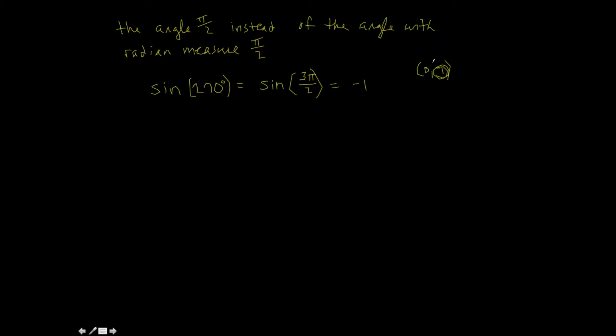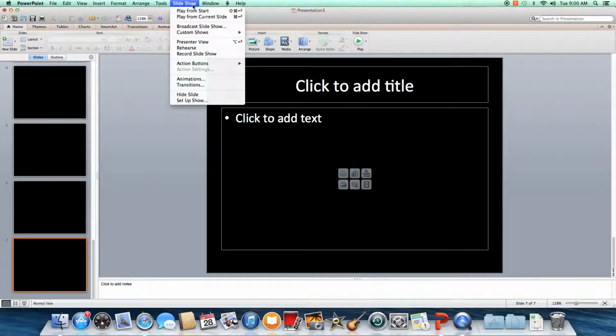Now, the world is fine and the world is great as long as we keep everything on the unit circle. But as you know, in real life, we don't live in a perfect world, okay? So every little problem we have is not going to fall on this unit circle.